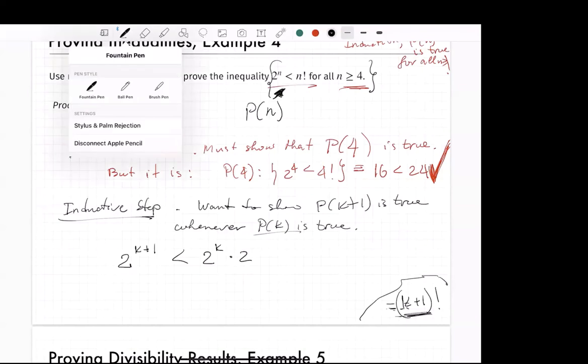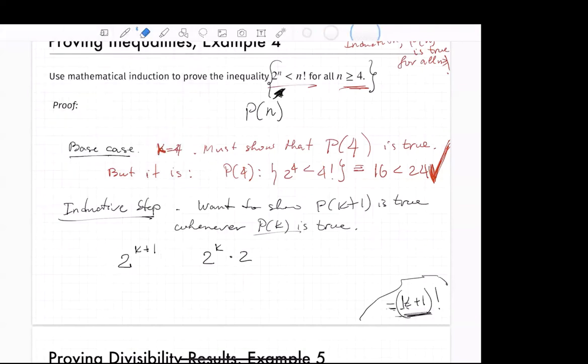First of all, that's not true, what I've just written. Is that true? Yeah. Now, is it true that this, okay, let's put it this way. That's that. Now, is it true that this is smaller than k factorial times 2? Is that true?